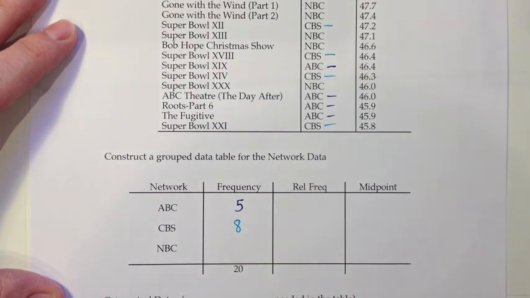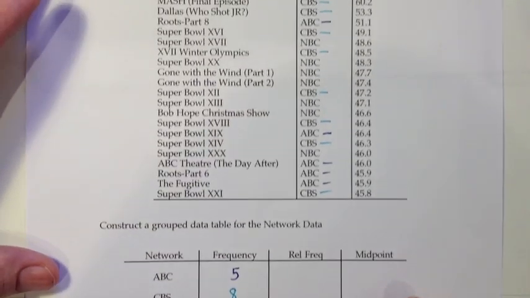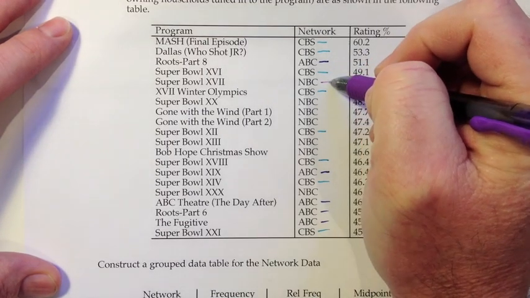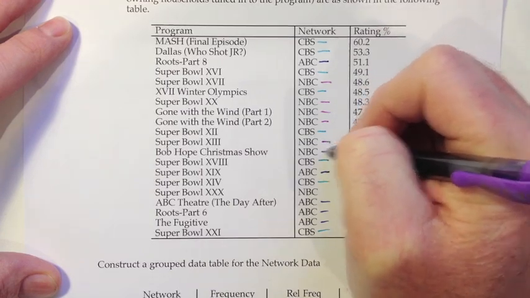I'm using different colors here just to help that show up on the video, but of course that's not necessary for you to do when you're doing your homework or quizzes or assignments. And then finally the NBC, we'll go look for those. So let's see, we have 1, 2, 3, 4, 5, 6, and 7 of those, and then I'll fill that in.